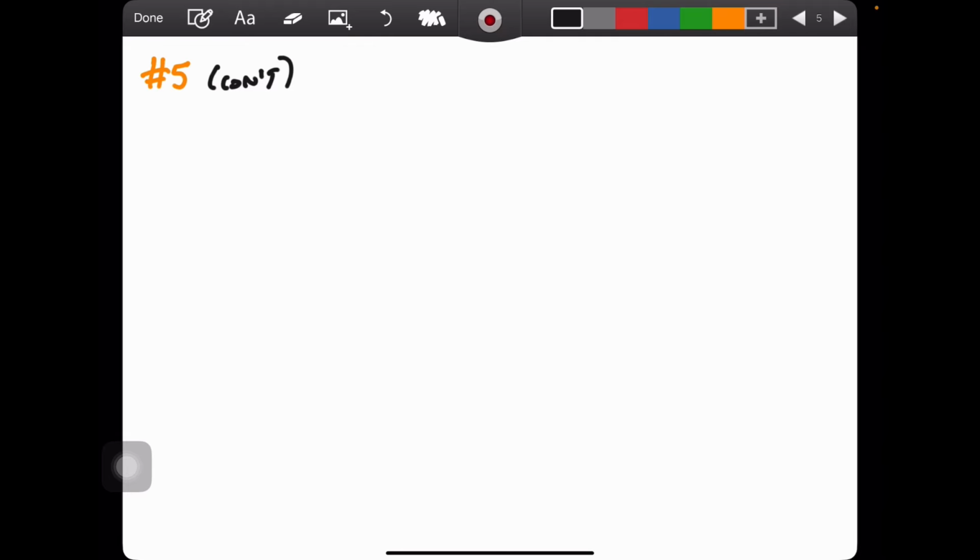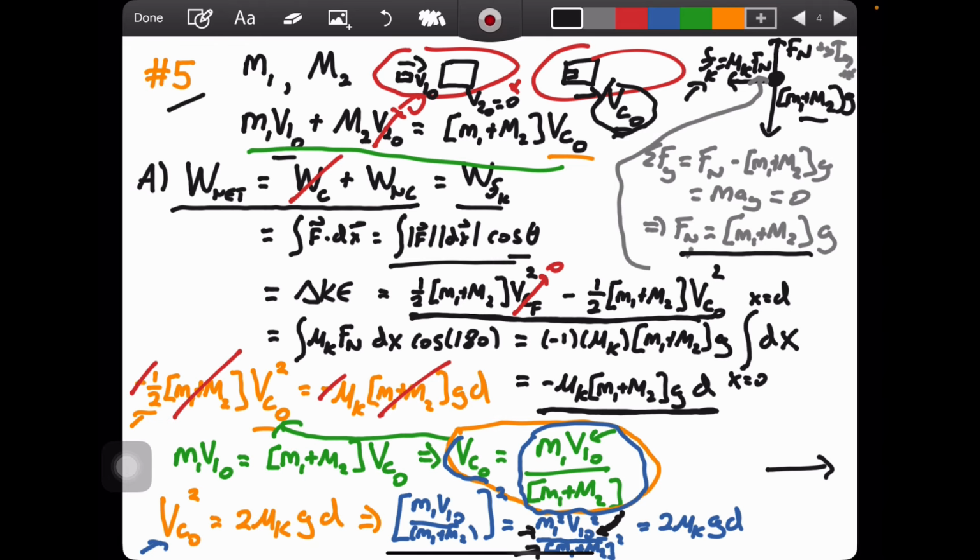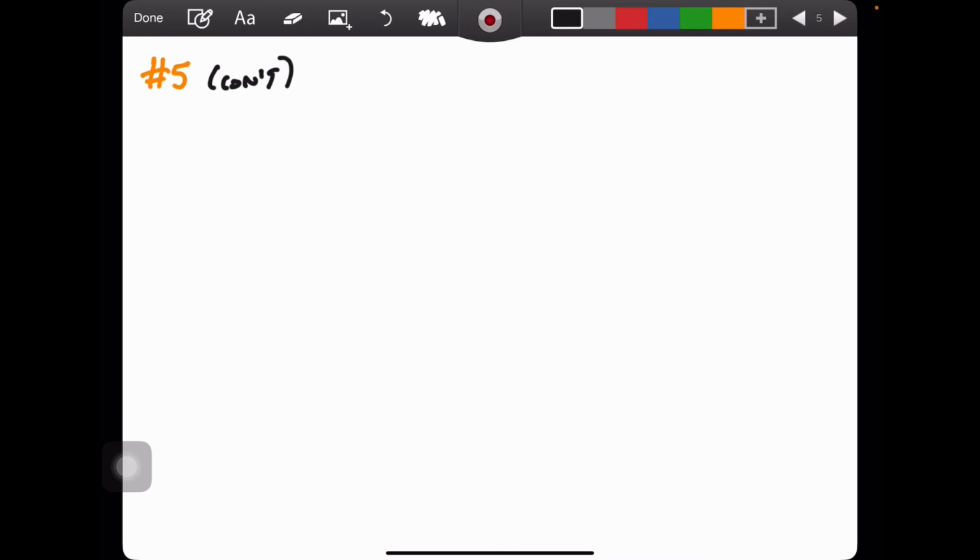So what I'm going to do, again, is isolate this v1 naught squared term because I want to write an expression for v1 naught at the end of the day. So v1 naught squared is equal to 2 times m1 plus m2 squared mu k g d divided by m1 squared.